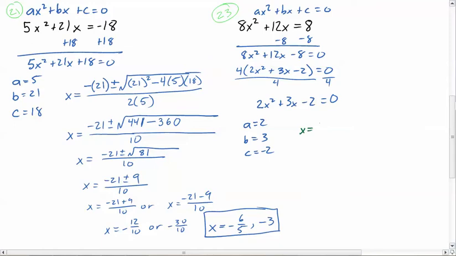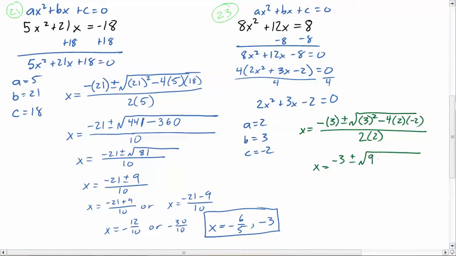All right, so here we go. X equals negative b plus or minus the square root of b squared, or 3 squared, minus 4ac, right? A is 2, c is negative 2. We put it all over 2a. Now we simplify. X equals negative 3 plus or minus the square root of 9.